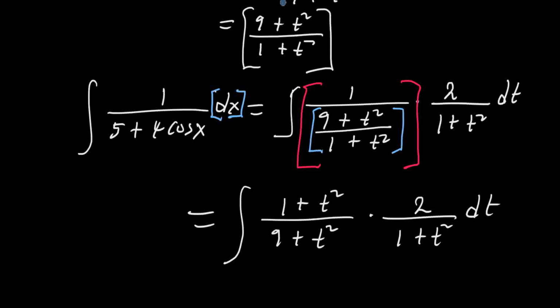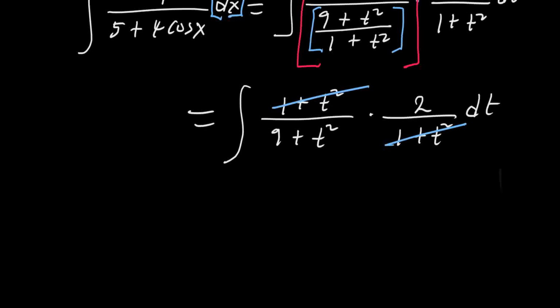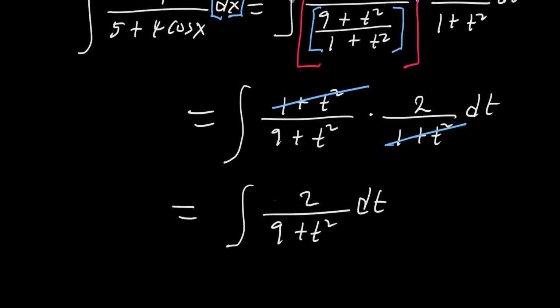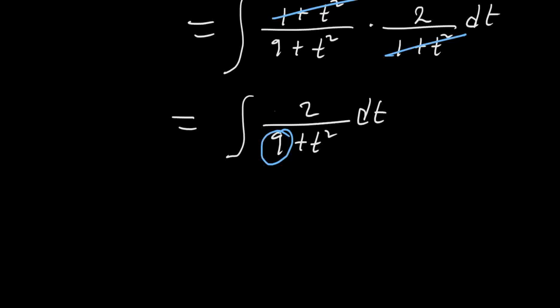So we can simply strike this out from here, and this will be equal to the integral of 2 over (9 plus t squared) dt. 9 can also be written as 3 squared. So this will be equal to the integral of 2 over (3 squared plus t squared) dt.